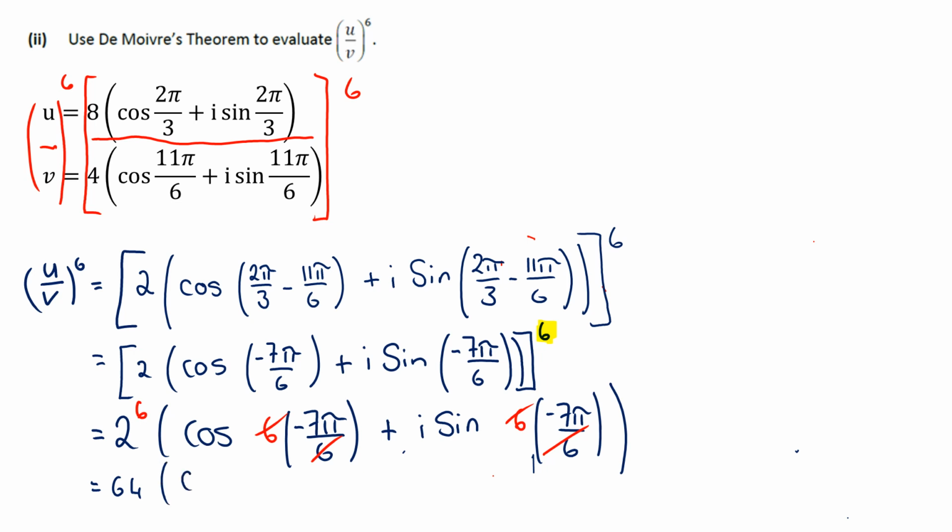And then we get the cos of minus 7 pi plus i sine minus 7 pi. Now, there's lots that you can do to work with this. So we can think of that as we are going, like I said, clockwise, and we're doing that 7 pi.